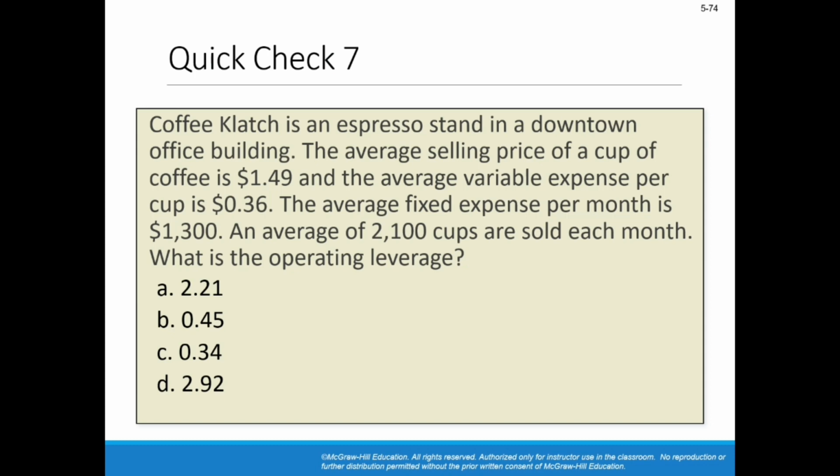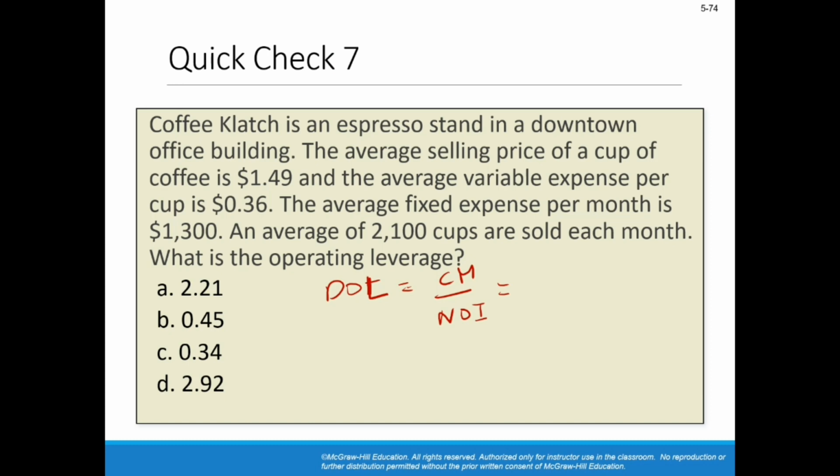Example: what is the degree of operating leverage for the coffee clutch example? The degree of operating leverage is equal to CM over net operating income. We need to compute the CM.